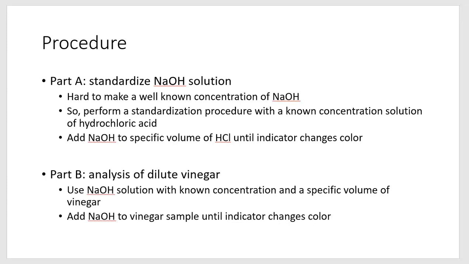So instead, we're going to do a standardization procedure. Standardization just means you're going to fix the concentration by referring to a reference substance. So we're going to standardize the sodium hydroxide solution with a known solution of hydrochloric acid, and then we're going to use the concentration from that step to figure out the concentration of acetic acid in vinegar.